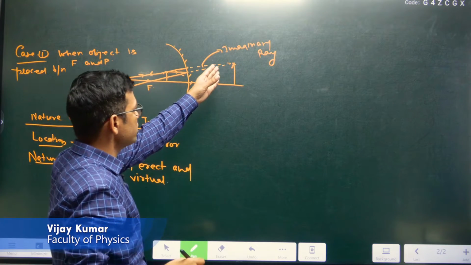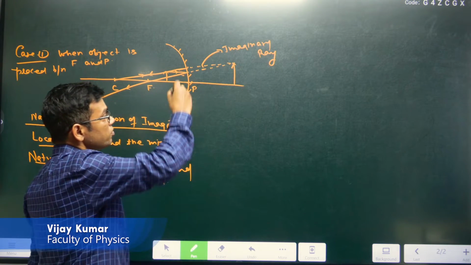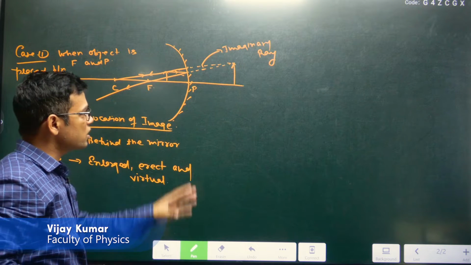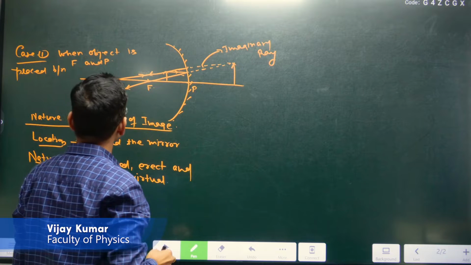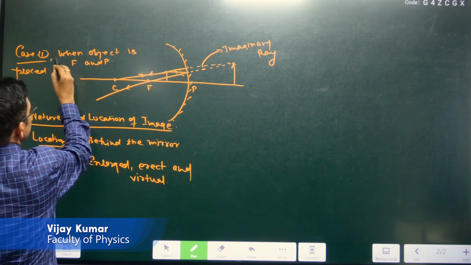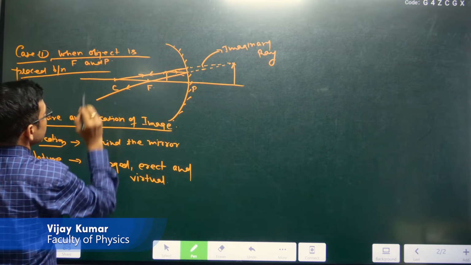As this image formation takes place by the intersection of the imaginary ray, this image will be the virtual image. So this is the first case. In this case, the image will be the virtual image.